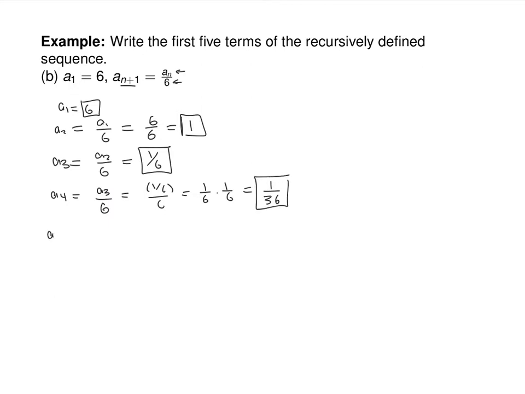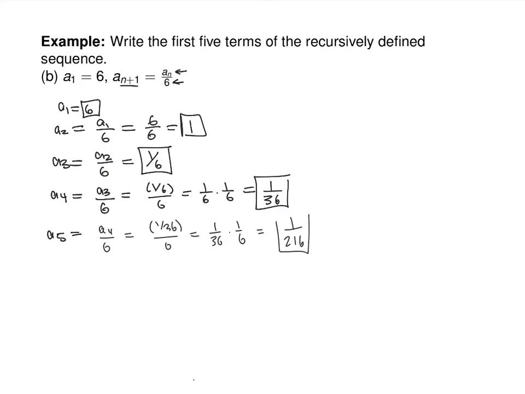And the last term, a5, is a sub 4 over 6, so 1/36 divided by 6, or 1/36 times 1/6, which is 1 over 216. So there are your first 5 terms.